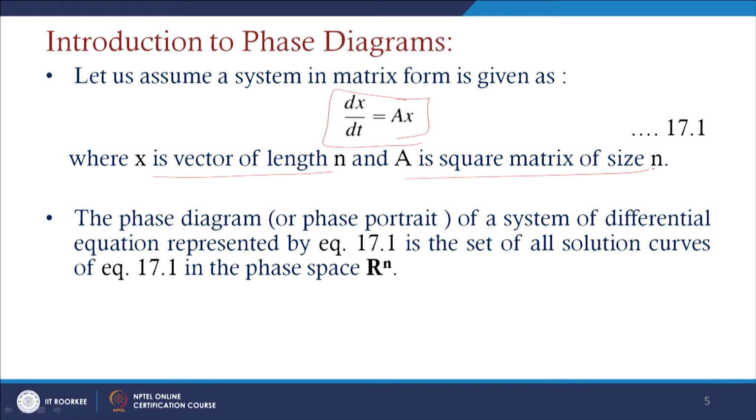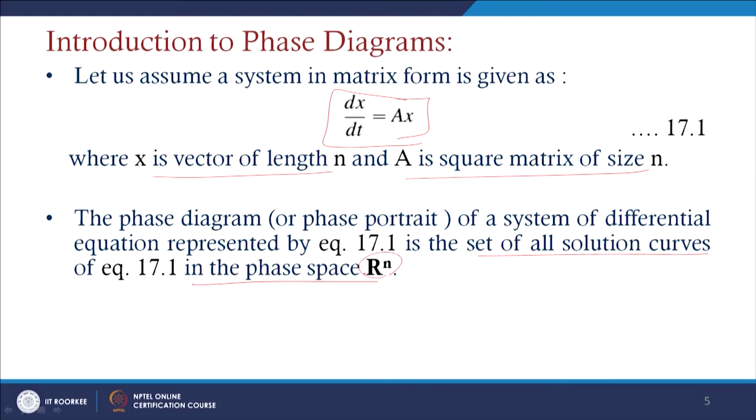The phase diagram or phase portrait of the system of differential equations represented by dx/dt = Ax is the set of all solution curves in the phase space R^n. Since n variables are involved, or n equations, it provides graphs in an n-dimensional space. Especially we are considering the real space, so we write R^n.